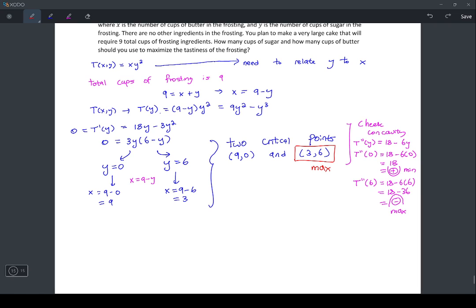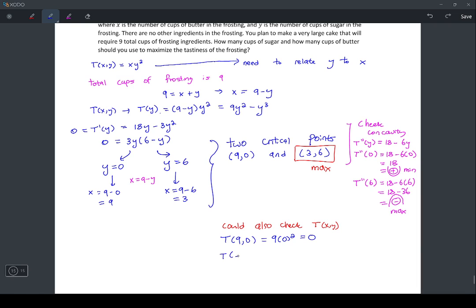We could also check T of (x, y). So T at (9, 0), if we plug that critical point back into the tastiness function, we get 9 times 0 squared, which is 0. So a tastiness of 0.